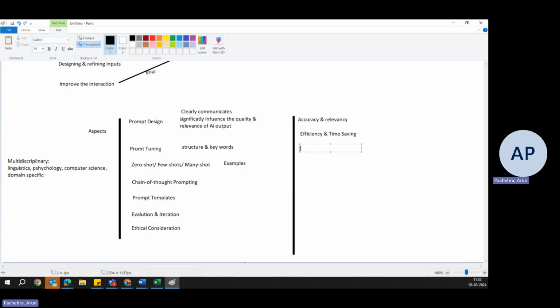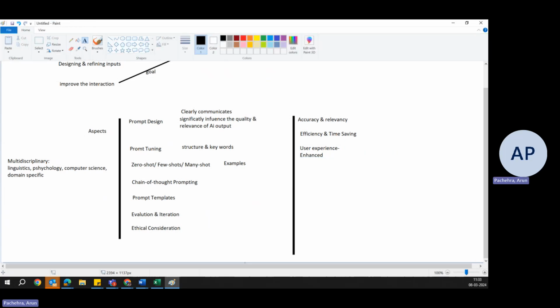Then another one is enhanced user experience. Well-engineered prompts contribute to smoother, more intuitive interactions between humans and AI, improving user satisfaction for sure.